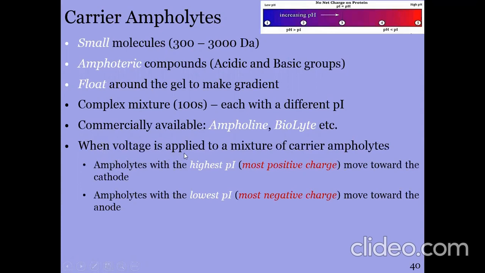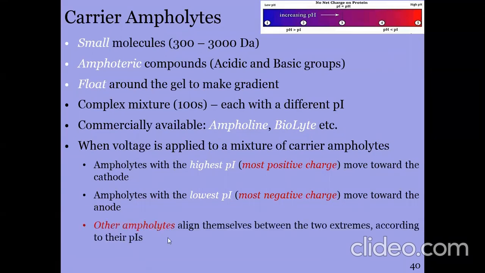And when voltage is applied to a mixture of carrier ampholytes, those with highest pI, most positive charged, move toward the cathode. So they will move toward the cathode. And ampholytes with the lowest pI, and that has most negative charge, they will move towards the anode. So other ampholytes align themselves between the two extremes according to their pIs.